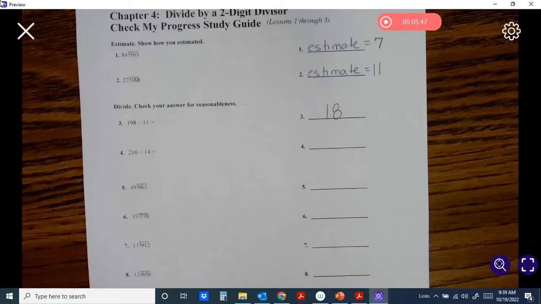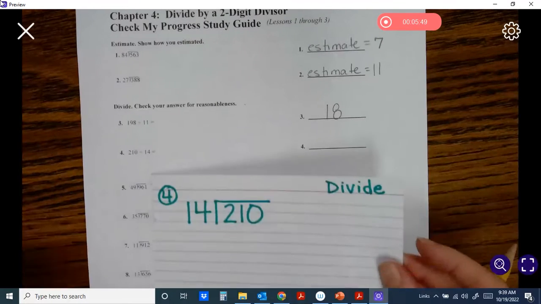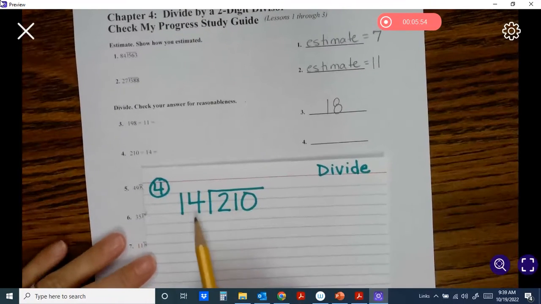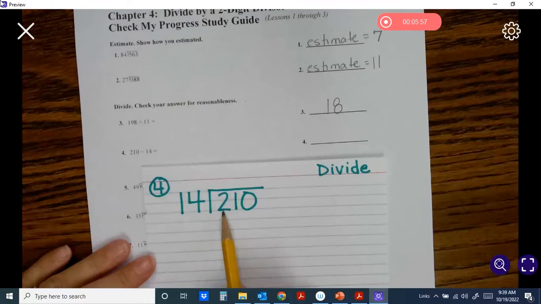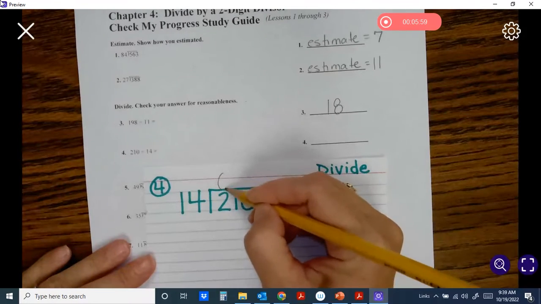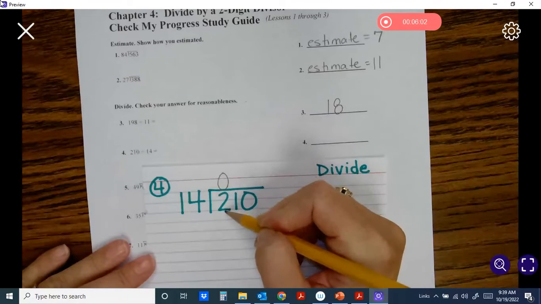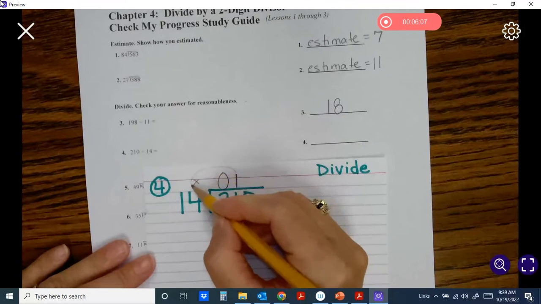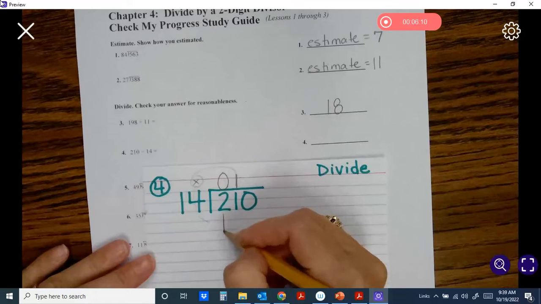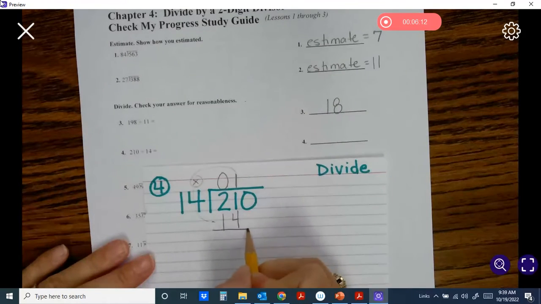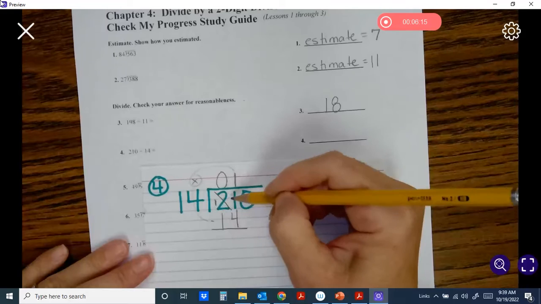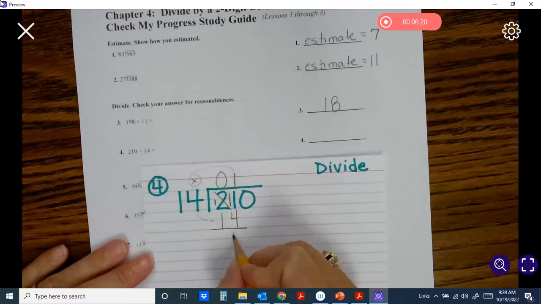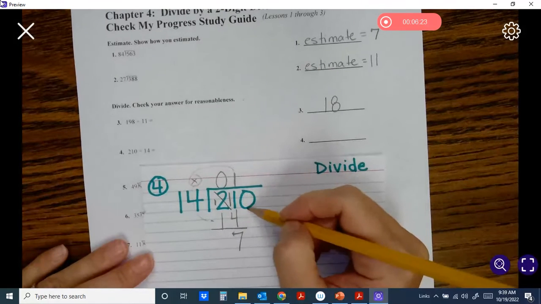Question number 4. 210 divided by 14. 14 is not able to divide 2. It's able to divide 21 one time. 1 multiplied by 14 equals 14. I have to borrow to subtract. 7. Bring down the 0.